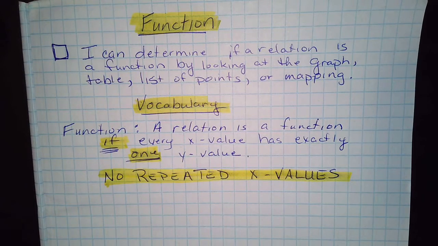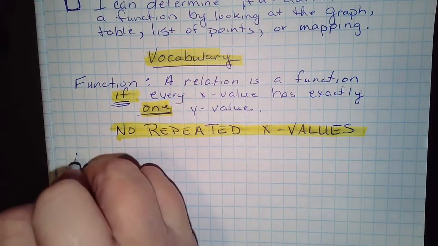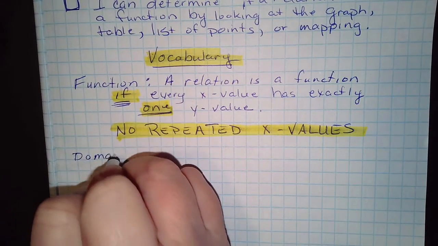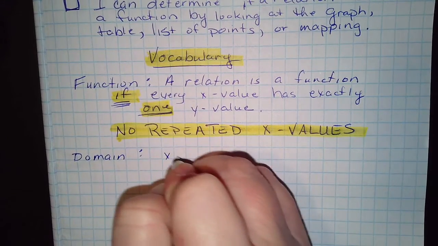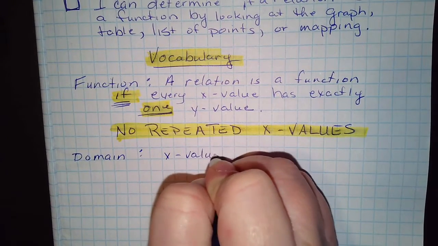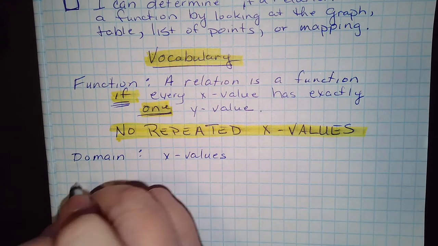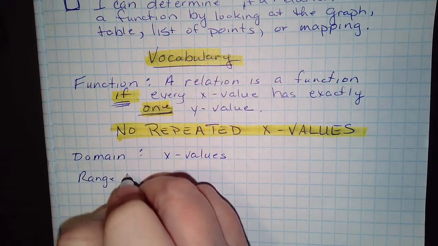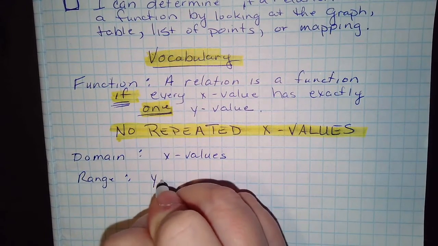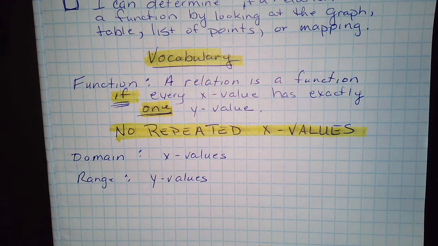Now we've got a few more words, so we're going to do domain. Our domain is our x values. And our range is our y values. So what are some other words that we can use for these?